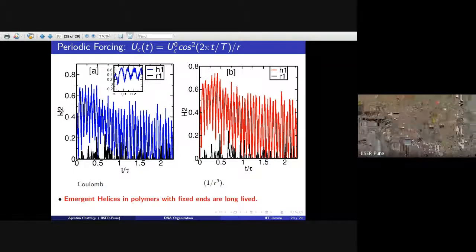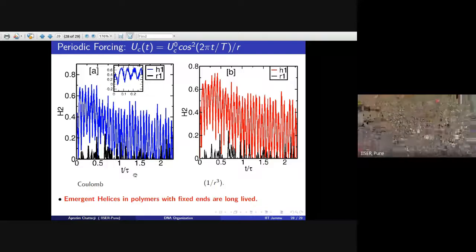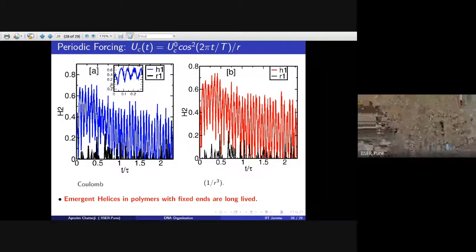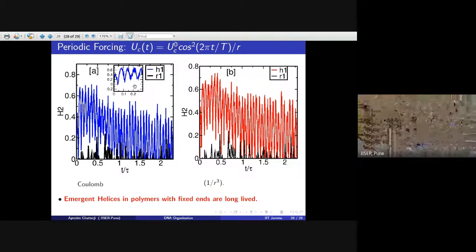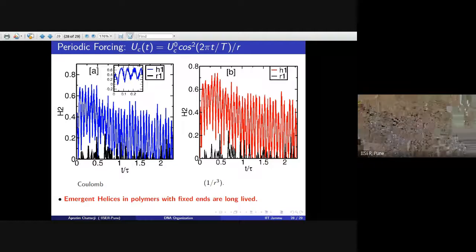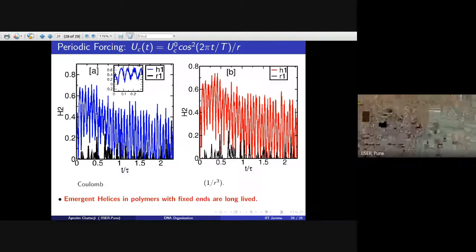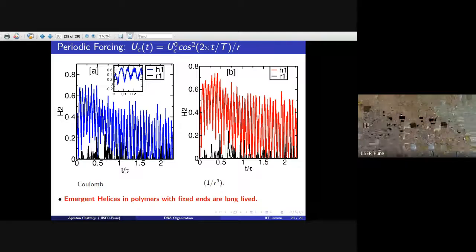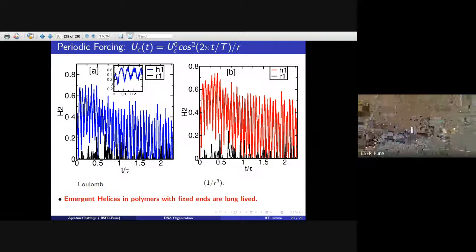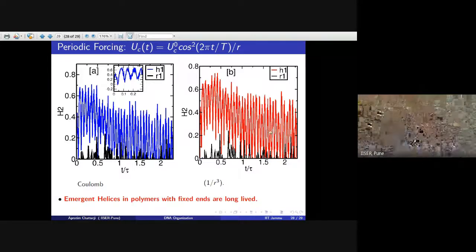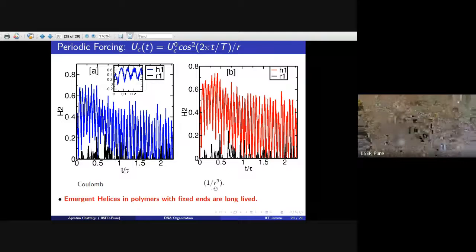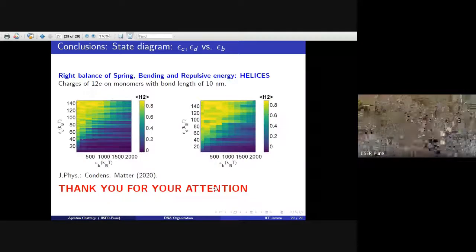What I have plotted is H2 as a function of time, and here I've plotted a zoom plot. So every time you switch it on, the H2 increases in phase with the external perturbation of switching on a 1 by r interaction. So you have a continuous helix formation and dissolution, and we have very similar data with 1 by r cube repulsive potential.